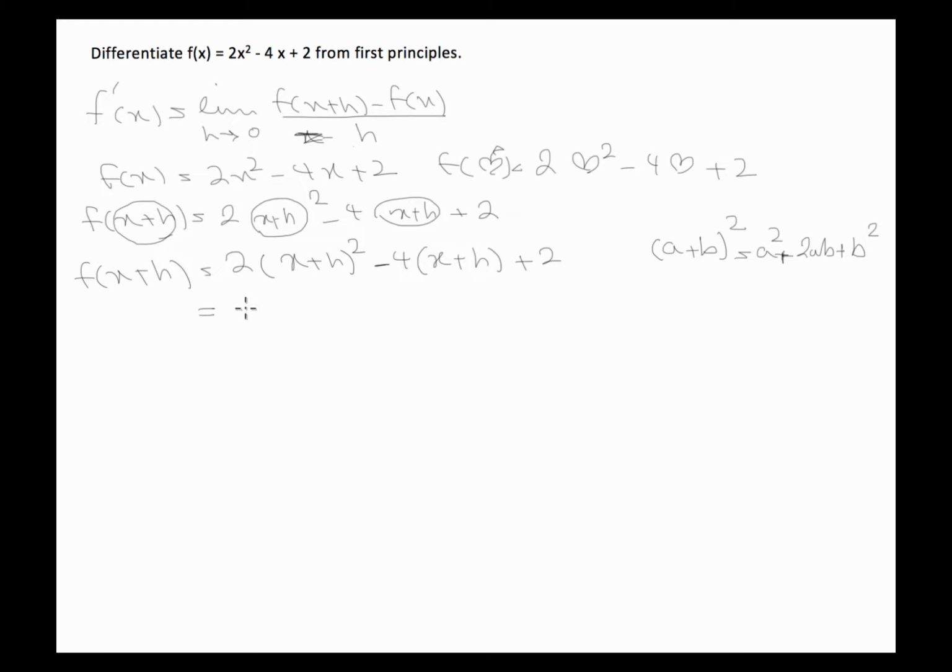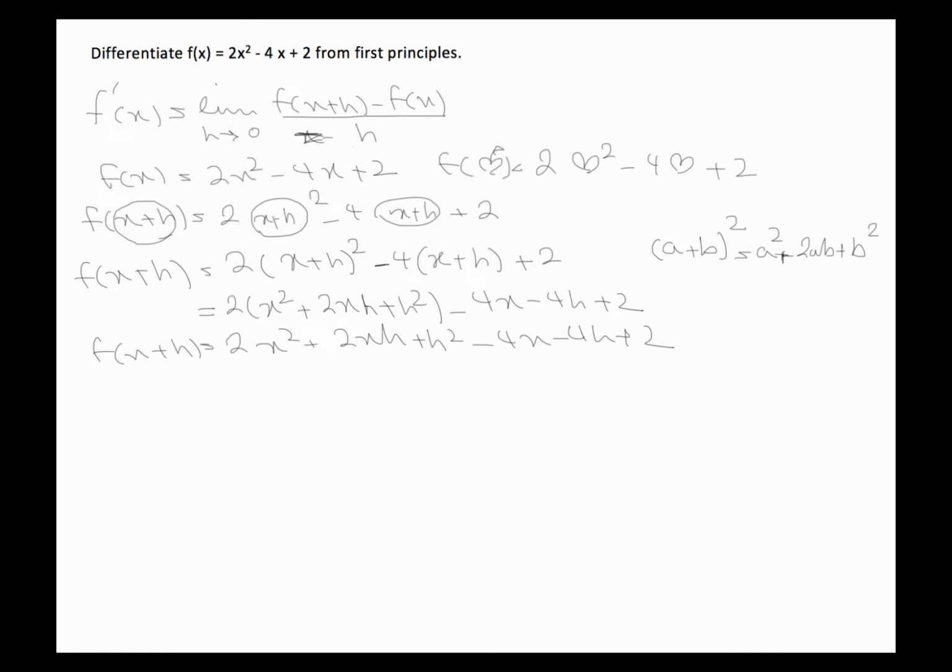Therefore, here I'm going to have 2 times (x squared plus 2xh plus h squared) minus 4x minus 4h plus 2. Then you can bring this out: 2x squared plus 2xh plus h squared minus 4x minus 4h plus 2. So that's your f of x plus h expanded.